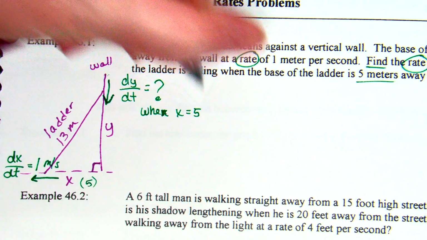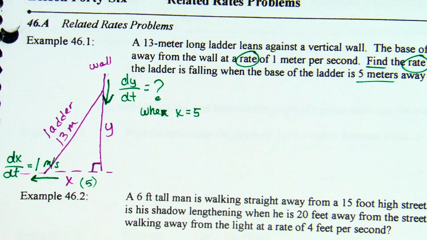Okay, guys. It's a right triangle. We're talking about the 3 sides. What equation relates these sides? Pythagorean theorem? Okay, that's what you have to think of in every type of related rates problem we do: we need an equation that pulls everything together. In this case, it's the Pythagorean theorem.